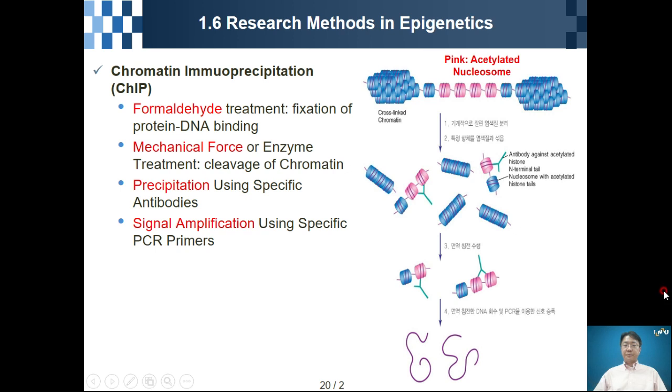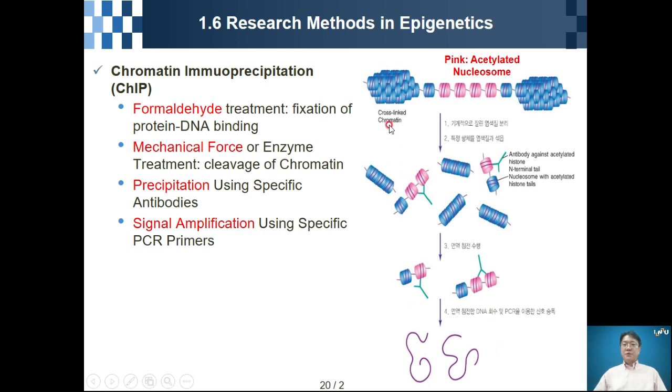Okay. Based on this analysis, we can see whether some gene is located in the euchromatin region. If we use the gene primer, we can amplify the gene here.